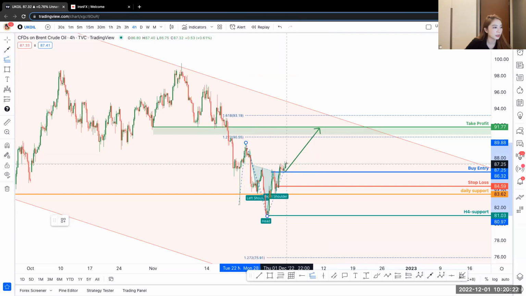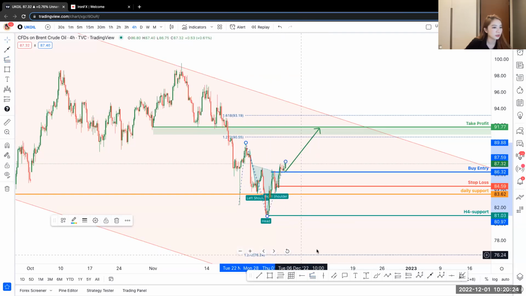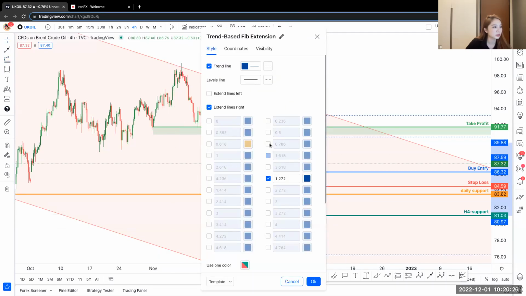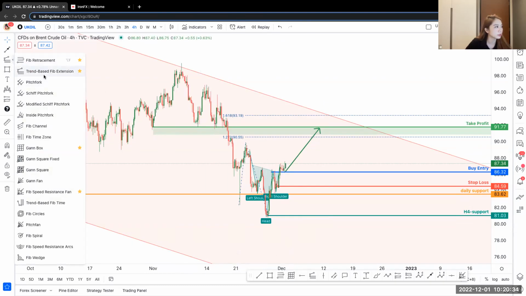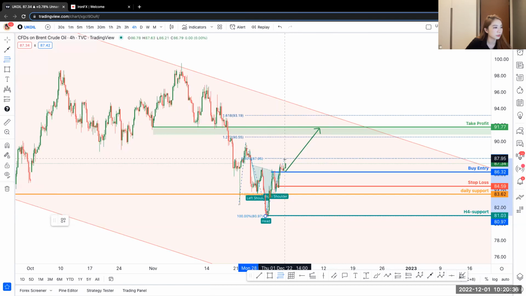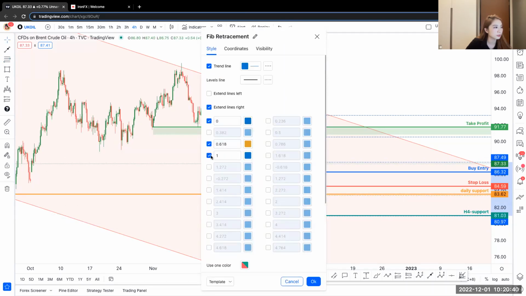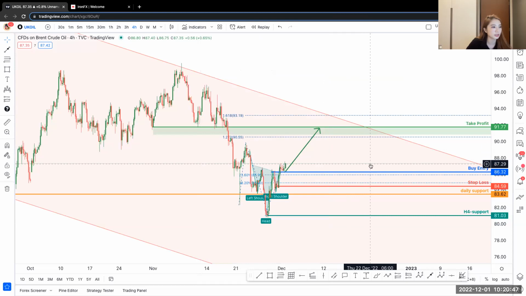Then we can take a look at current. A little bit far off. Sorry, we should take a fib retracement. We are looking at a possible 38.2 for stop loss and 23.6 for our buy entry.